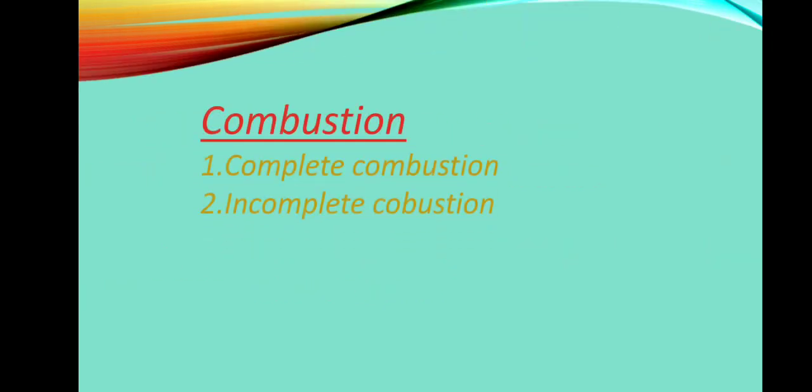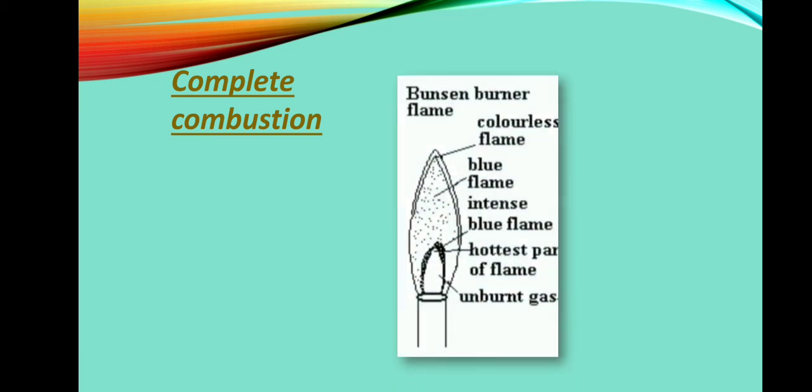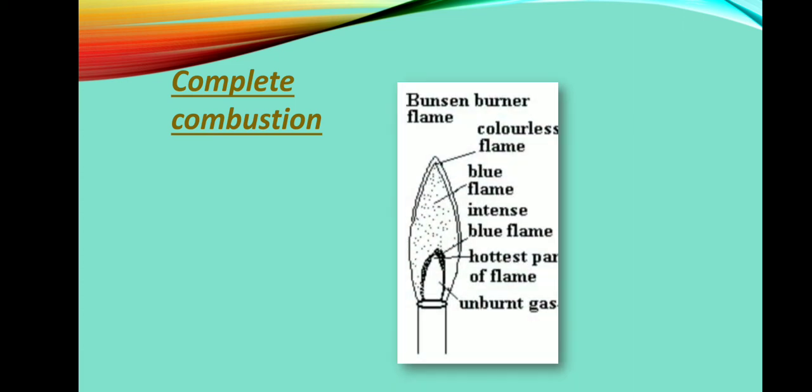There are two types of combustion, complete and incomplete. Have you seen the Bunsen burner fire and the candle fire? Are both the same? No. That means here there are two types, complete and incomplete. The Bunsen burner fire is a blue colored flame.